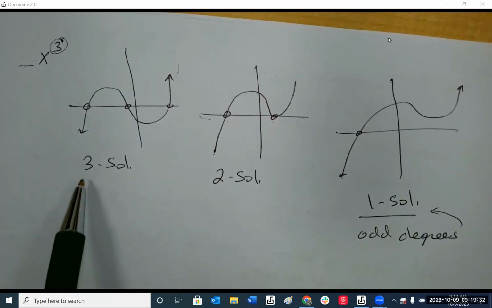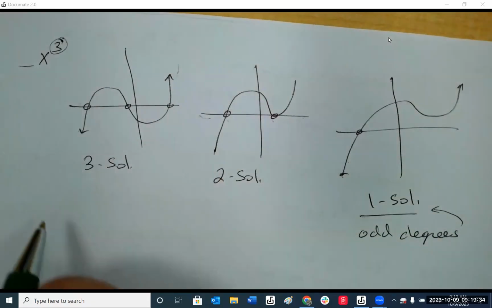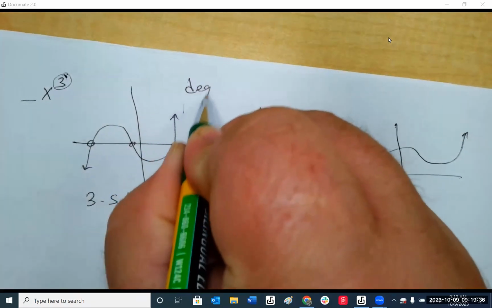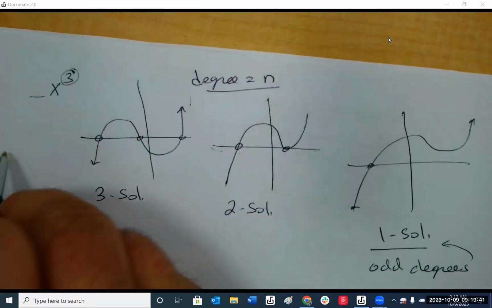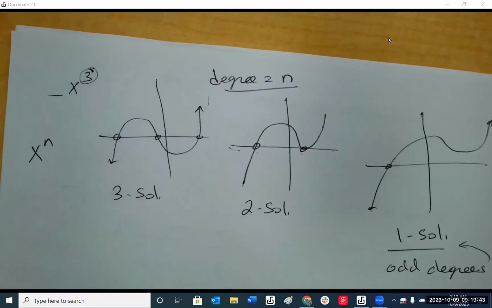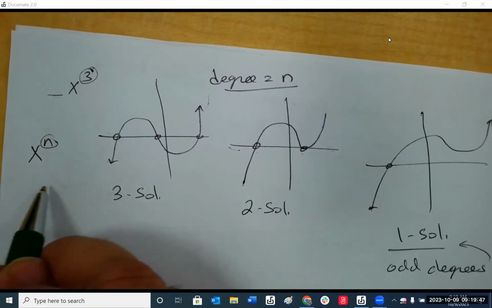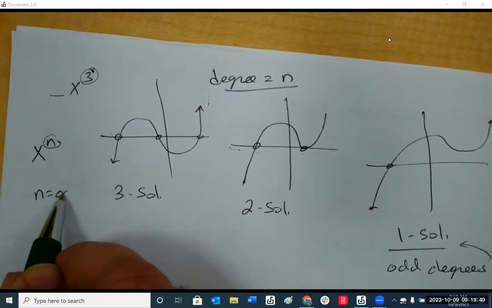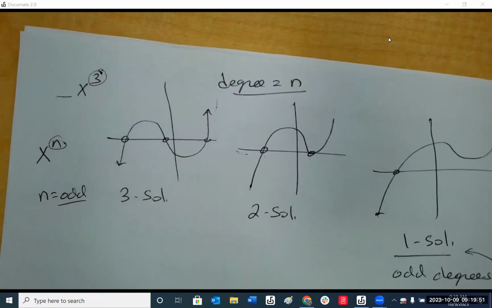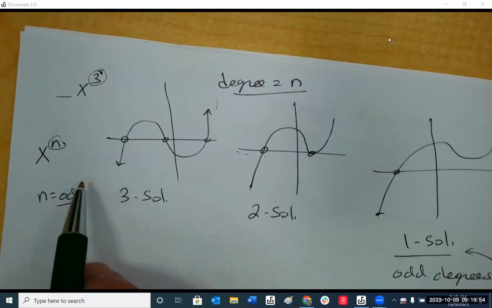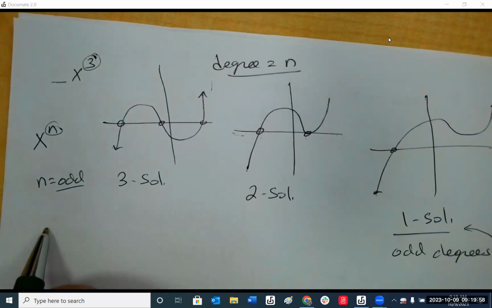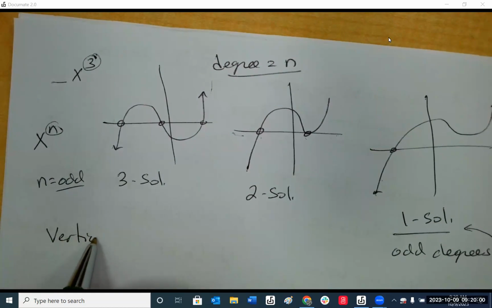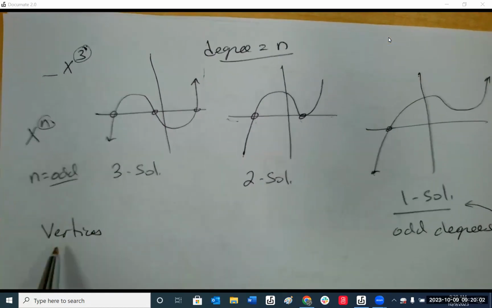So the most you can have is your degree. When we say degree, I'm going to use the letter n from now on. So if we had x to the power n, that's the degree. If n is odd, we can have as many solutions as the degree. But now look at the number of vertices.